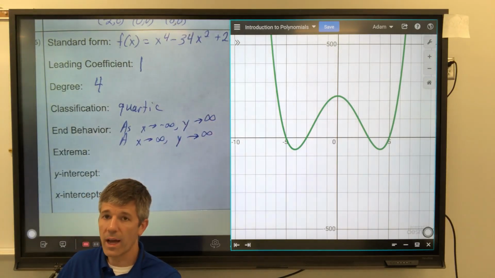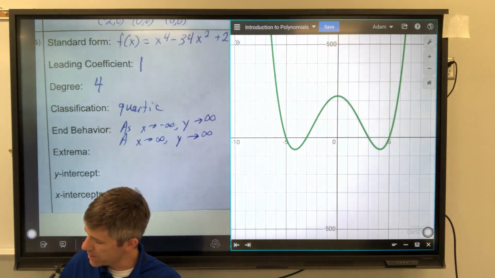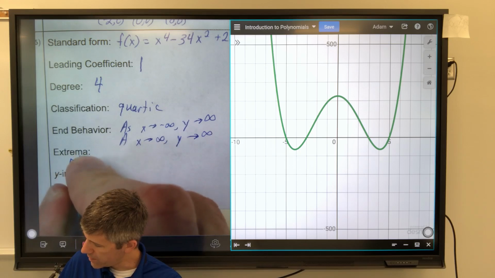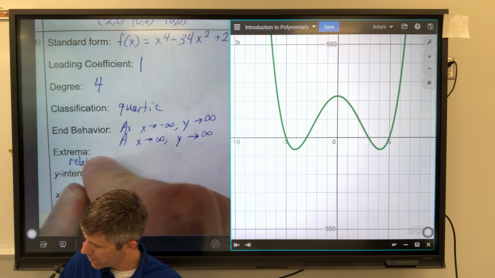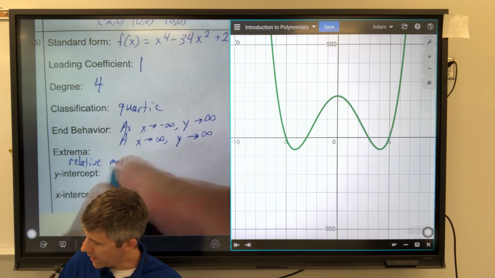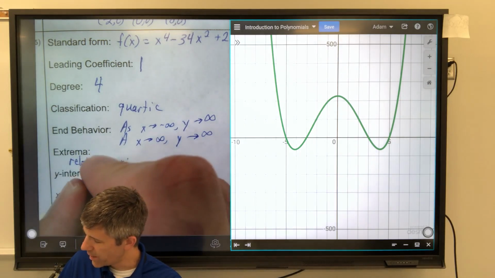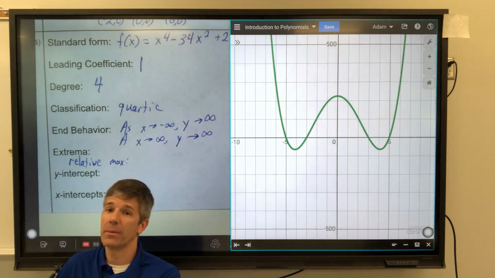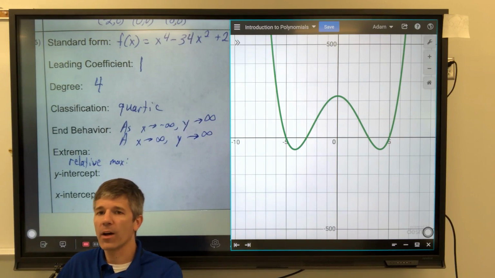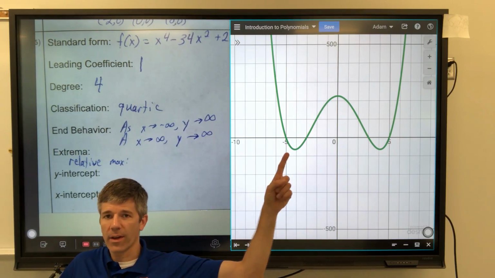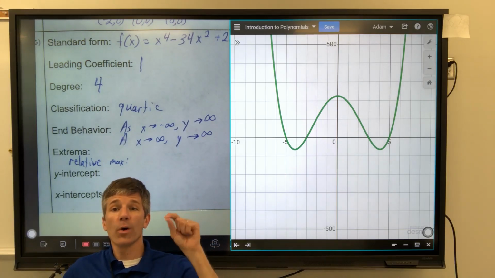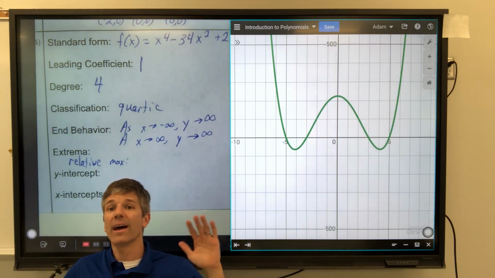Okay, we're going to have relative extrema. We're going to have a relative maximum at a point. And then, and this is fun, we're going to have two absolute minimums. Basically, we're going to have 2 points, there's one, and there's the other, that are the lowest the points ever get.